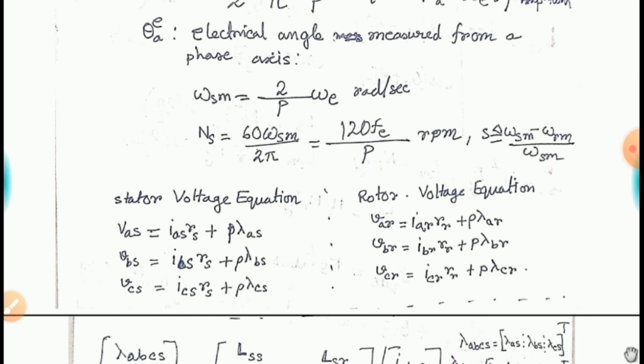That is a very big advantage offered by the slip ring induction motor, although it is not rugged and not very compact. In the squirrel cage induction motor, the main advantage is that it is very rugged. There is no such electrical contact inside a squirrel cage induction motor, and therefore no electrical flashing takes place. It is also very robust and very compact.